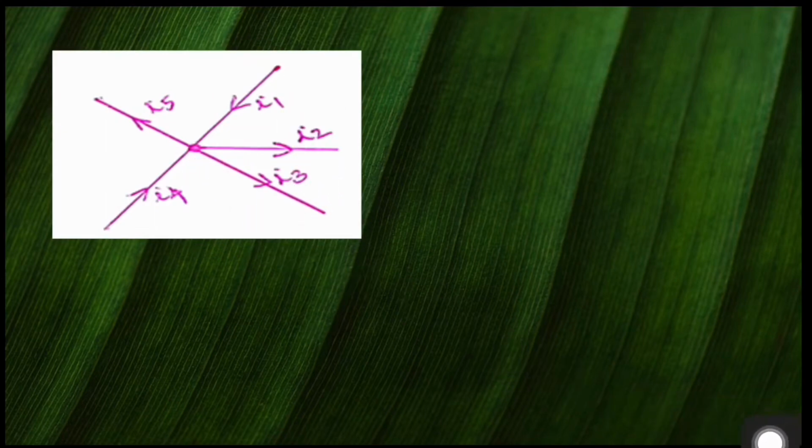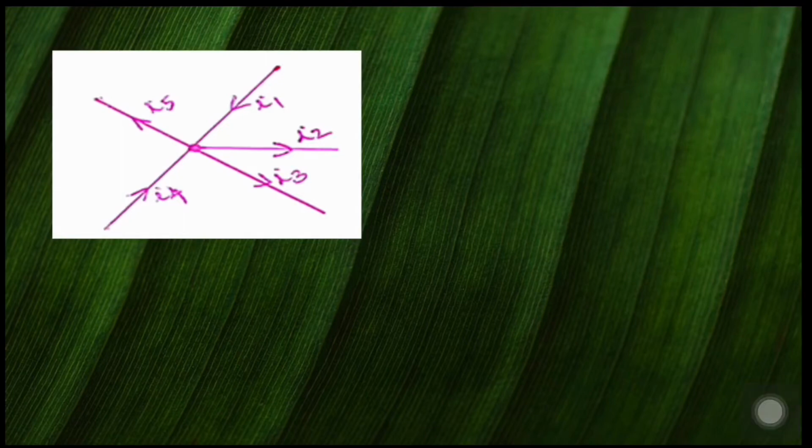When we take the algebraic sum, both the direction and magnitude of all these 5 currents should be considered, which means the incoming and outgoing currents should be differentiated with sign assignment. Here we are going to assign positive sign for incoming currents and negative sign for outgoing currents.